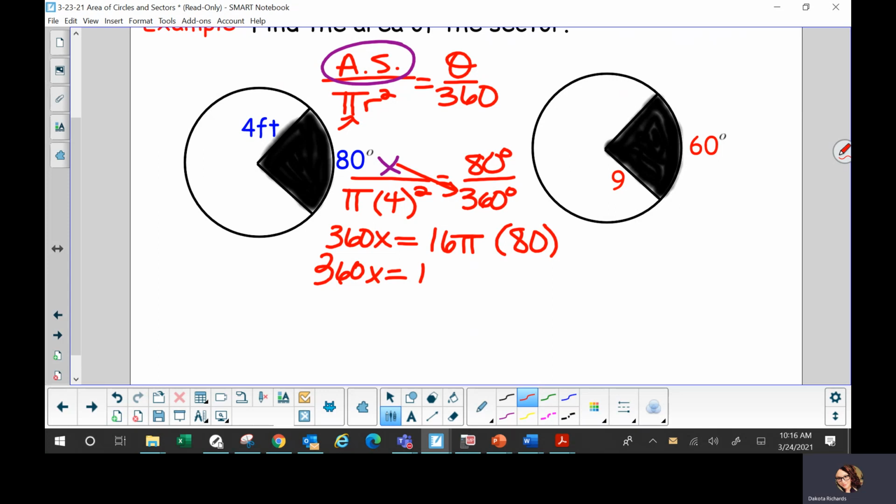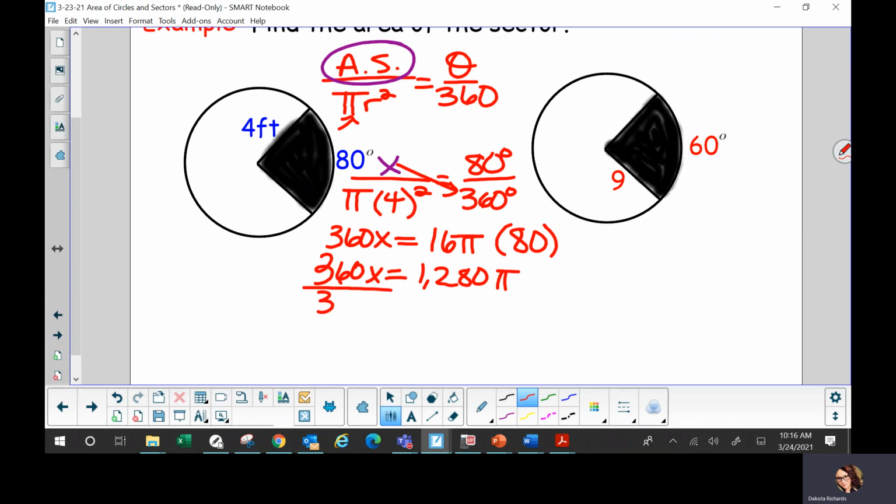What did you get? Yep. And then just keep the pi with it. We just multiplied 16 times 80. All we did on that step. Now we're still trying to get x by itself.